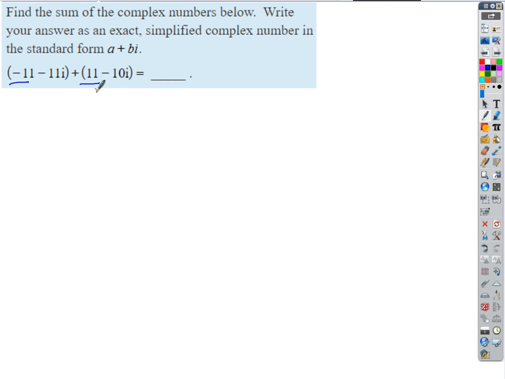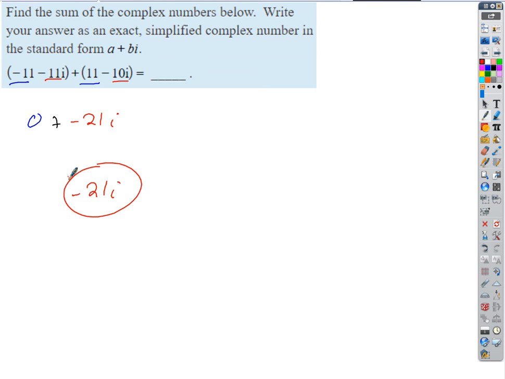So I'm adding up the real parts, and I'm adding up the imaginary parts as like terms. So what's the sum of negative 11 plus positive 11? 0. So the real parts add to 0. What's negative 11i plus negative 10i? Do I write the 0? No. So my answer is just negative 21i, right?